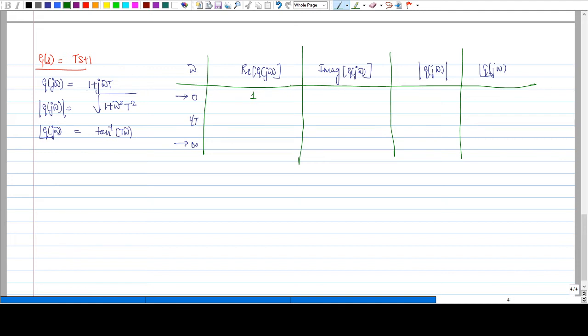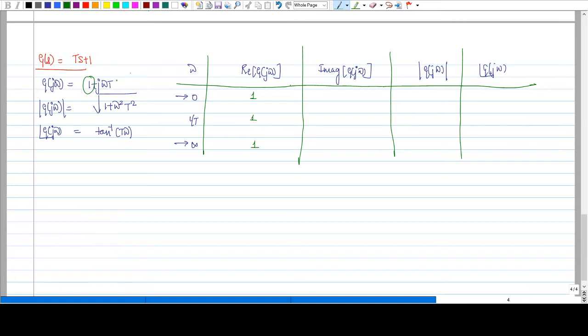If it is the real part of G(jω), then you need to consider only this. No matter what value of ω you take, the real part will always remain 1. The real value is independent of ω, so it will always remain constant at 1.